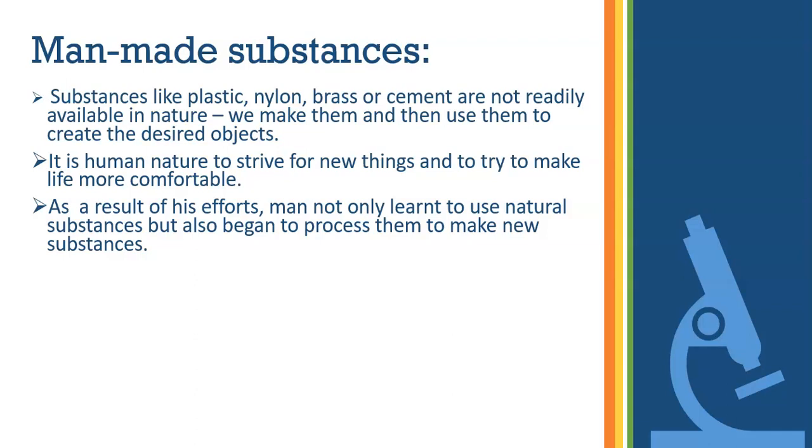The first fabric which was used was cotton. And to make his life easier and more comfortable, man started making fabric out of cotton. The raw material cotton is not man-made, it is a natural substance, but the fabric which is made is man-made.